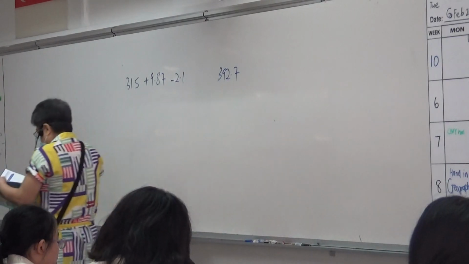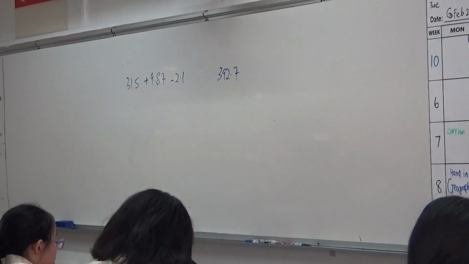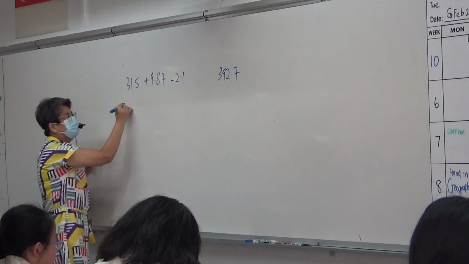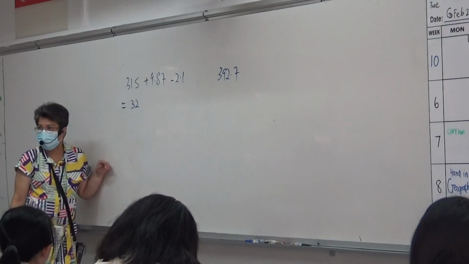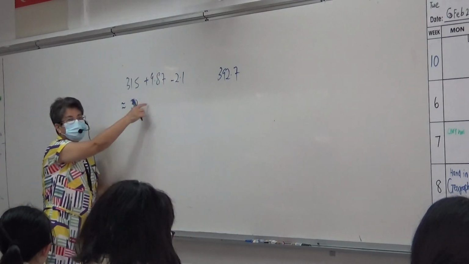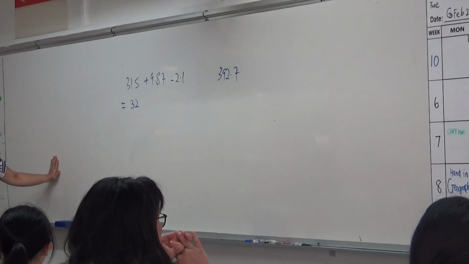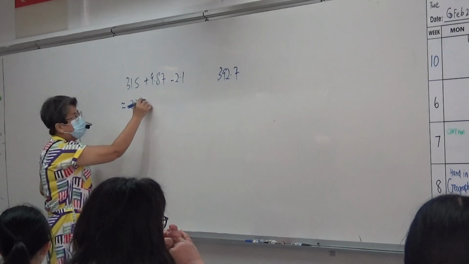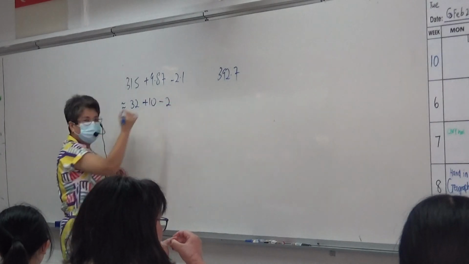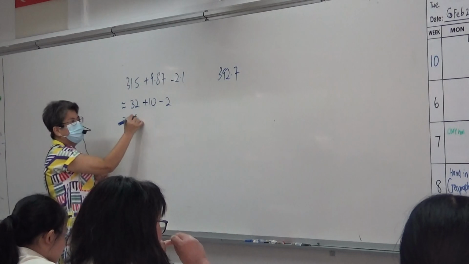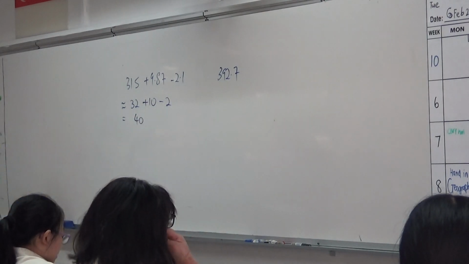Okay? Now, so, if we want to round off to 2 significant figure, let's say, this should be around 2, right? But how about the second number? It's around what? According to you, it will be about 10, right? Can you see it's about 10? This one is about 2, right? Roughly. So the answer should be around 40, right?